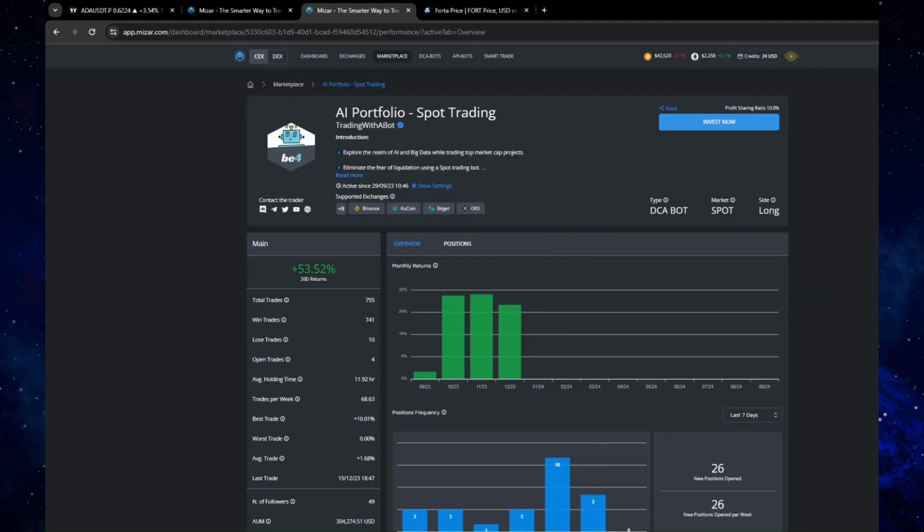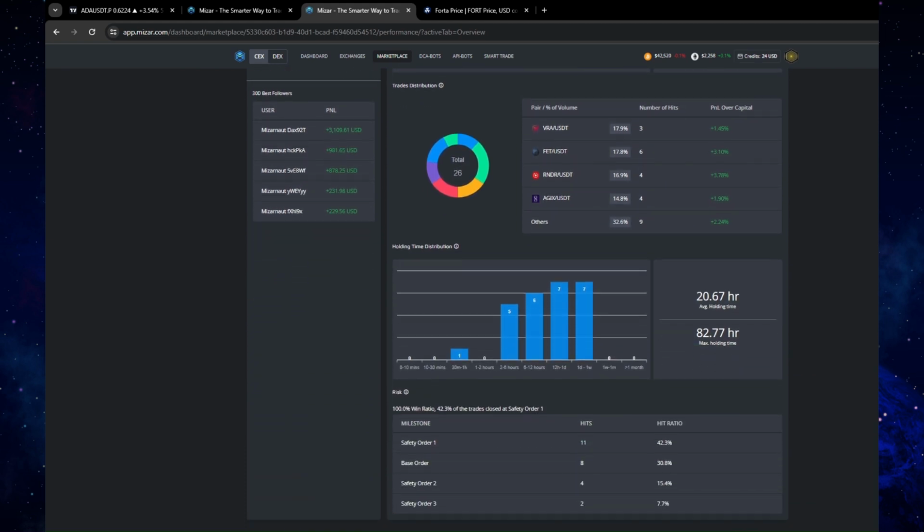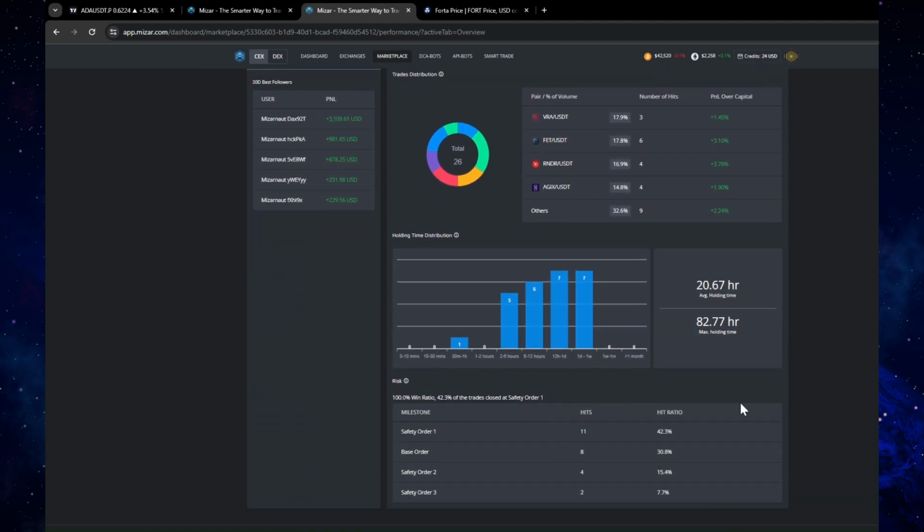And now, if you look at the statistics, this is an important part. Based on what Mizar had calculated for my bot running here, I have had at most 3 safety orders here, and there were 2 hits. So out of this proportion.